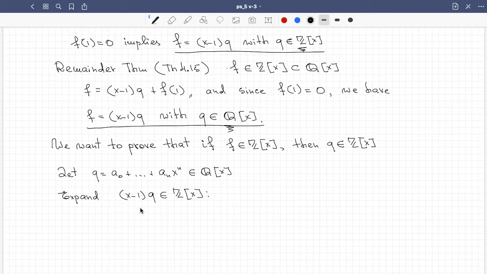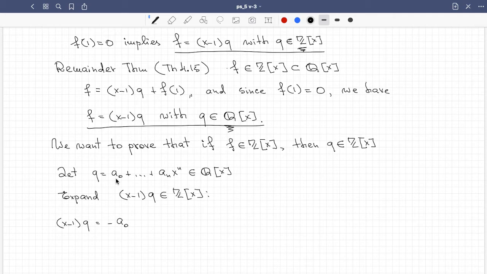So let us multiply x minus 1 by Q. I multiply x minus 1 by this polynomial. The constant term is going to be negative a naught.